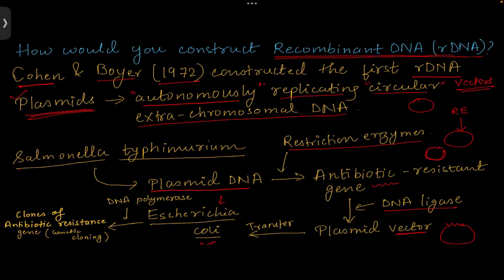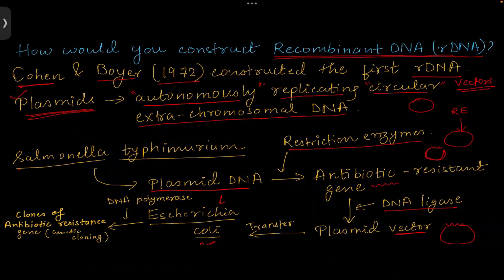Since the plasmid vector can replicate autonomously because it has its own origin of replication, it doesn't require Escherichia coli's chromosomal origin of replication, but it only needs the DNA polymerase enzyme from the host, that is from the E. coli.